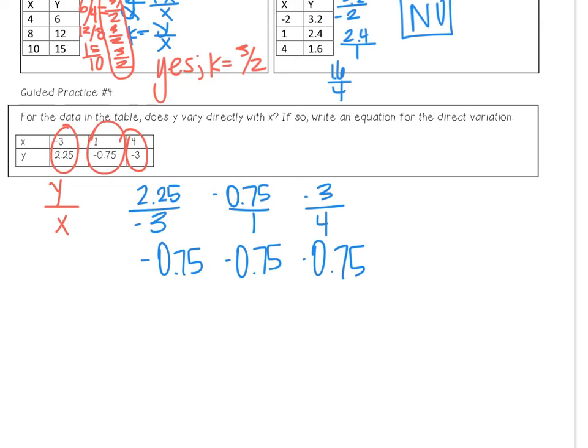So what you'll notice is you get negative 0.75 all the way through, so the answer is yes. K equals negative 0.75.